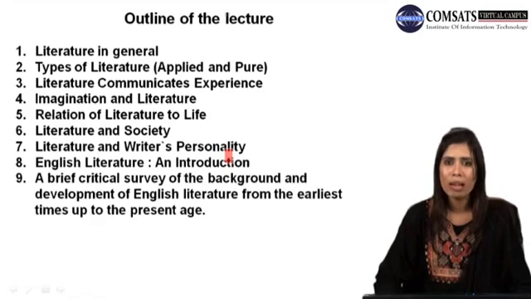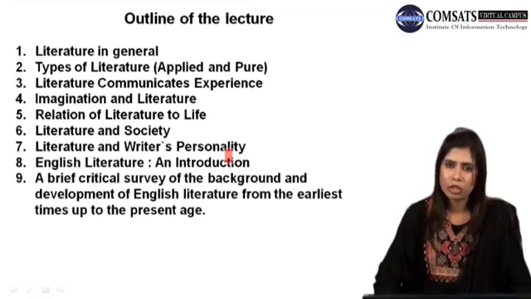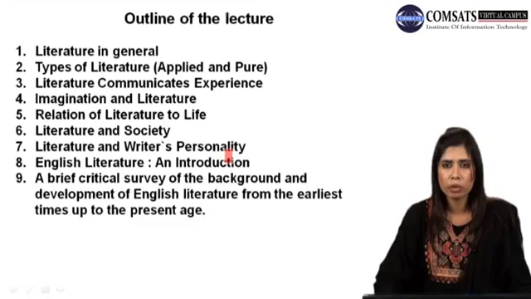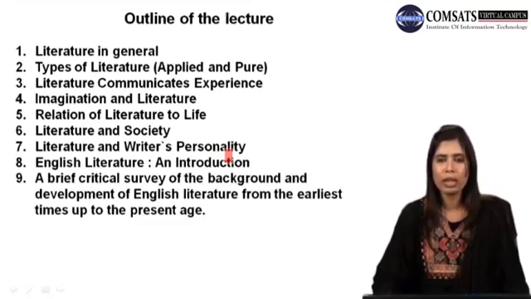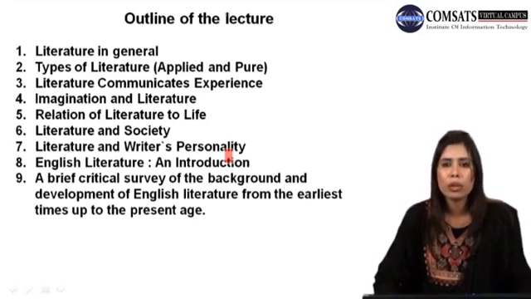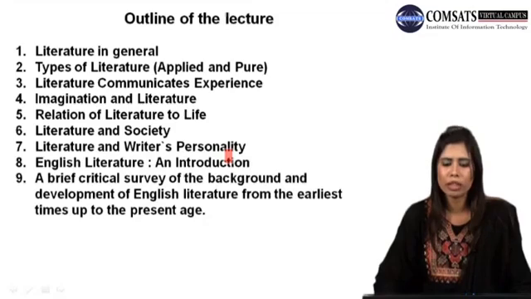Then we'll go for English literature, and I'll give you a very brief introduction of English literature. And then the last topic for the discussion today would be a brief critical survey of English literature, and in that survey we'll talk about the background and development of English literature from the earliest times up to the present age.